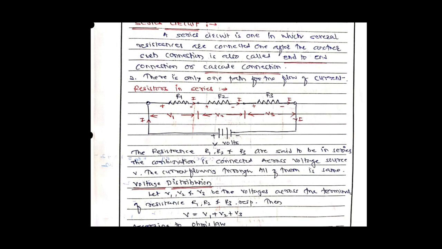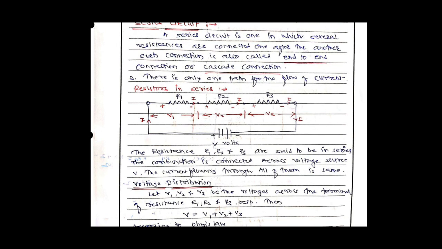So resistances R1, R2 and R3 are said to be connected in series, and the combination of R1, R2 and R3 is connected across the voltage source V. Here V is a voltage source.